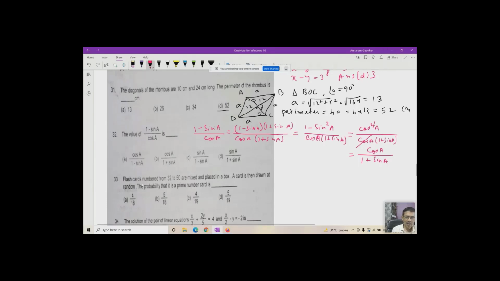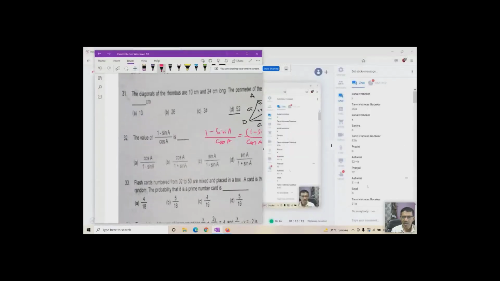Okay, please type the answer for question number 33. Question number 33. Read it carefully and type the answer. And those who want me to solve it, please type the question number, that is 33.